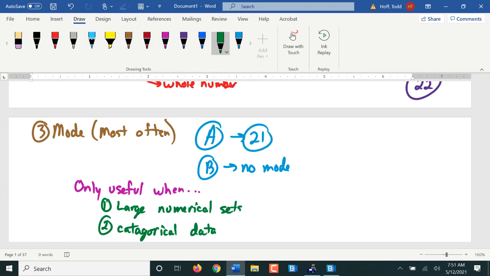You're getting a numerical measurement. Categorical data would be if I ask, what's your favorite color? Most people will not respond a number to that. So there's nothing to calculate. You can't find a mean of colors or the median of colors. But you can find a mode. You can find the color that was listed the most often.